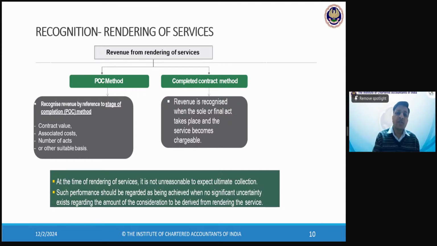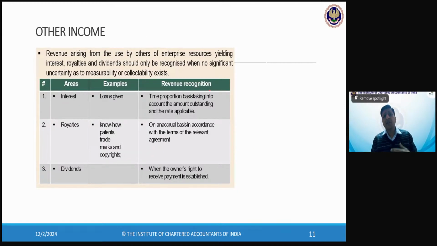That is when you say it's a completed contract method, in which case revenue cannot be recognized till the time the contract is fully completed. Otherwise, you'll just move on a proportionate basis as far as revenue recognition is concerned. That is one perspective you need to always remember in relation to revenue recognition of services.